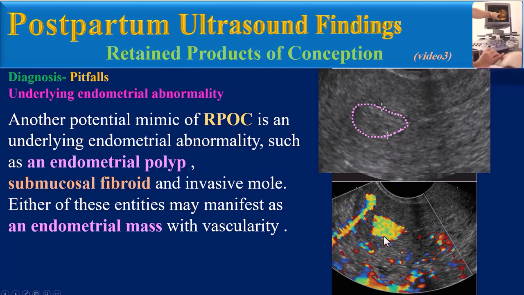This longitudinal color Doppler ultrasound image shows marked vascularity within the mass, like RPOC, but pathologic analysis showed only fragments of weakly proliferative and decidualized endometrium with no evidence of RPOC.